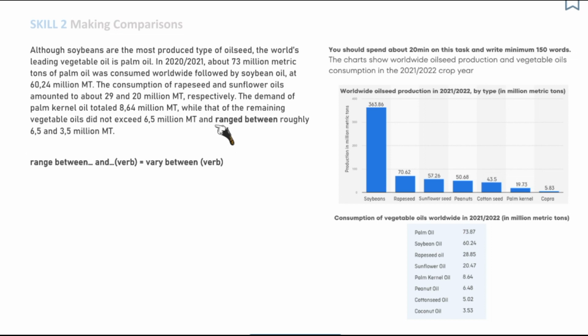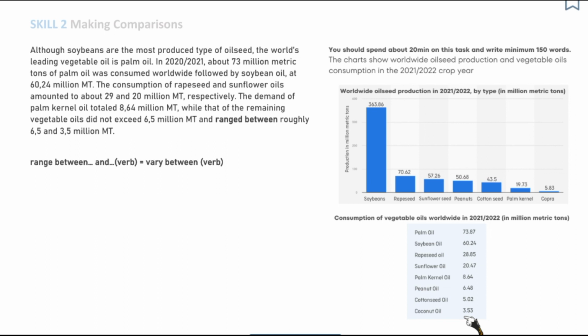Also in this sentence, I have used this very useful verb, range between. So I said the demand of the remaining vegetable oils ranged between roughly 6.5 and 3.5. So again, ranged between, I'm talking about these three remaining types of oils. And I'm saying that they ranged between roughly 6.5 and 3.5.